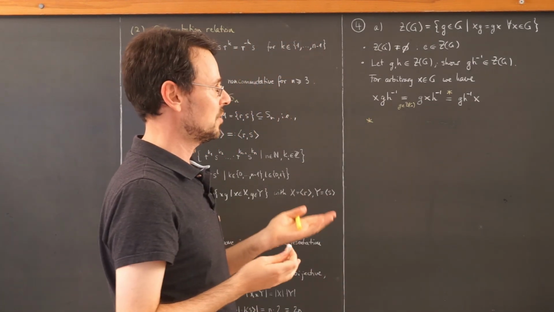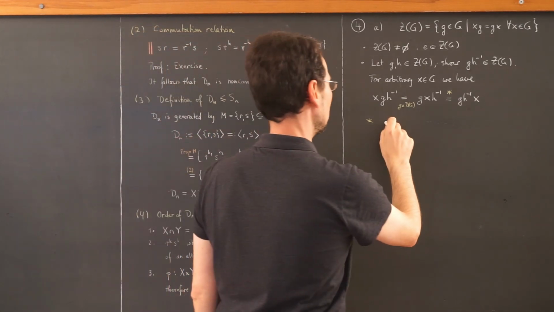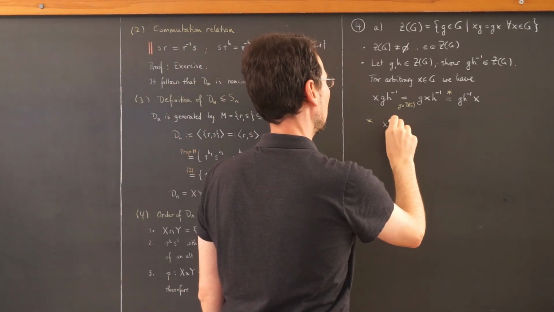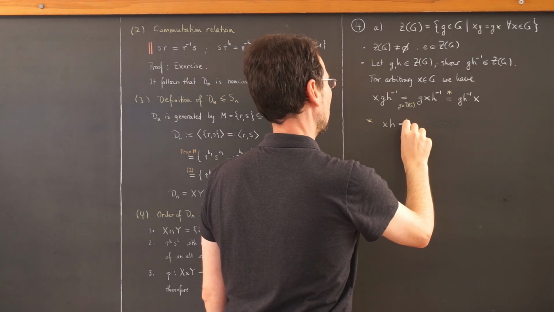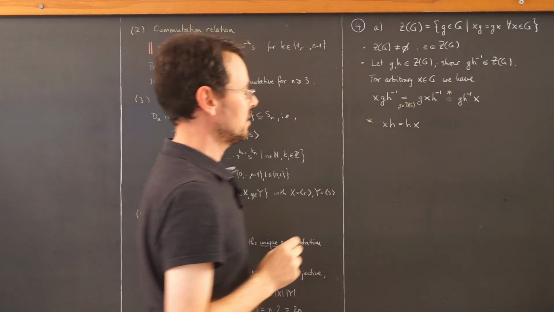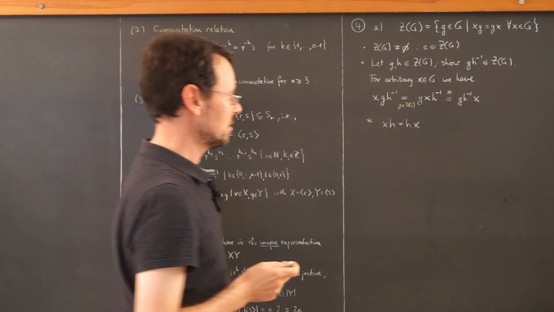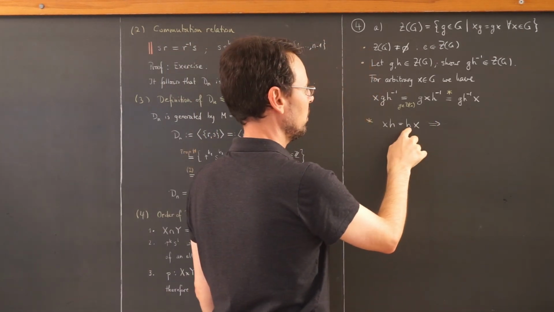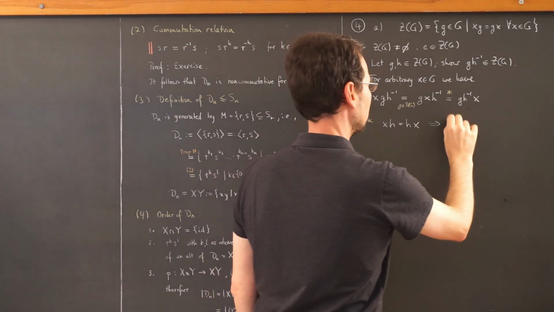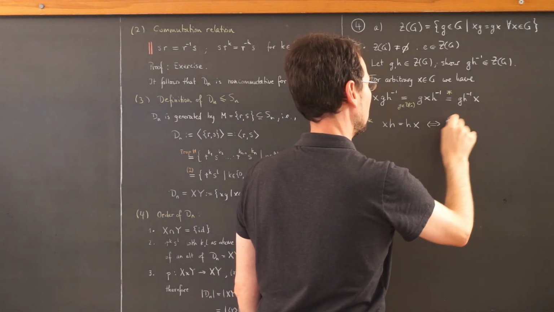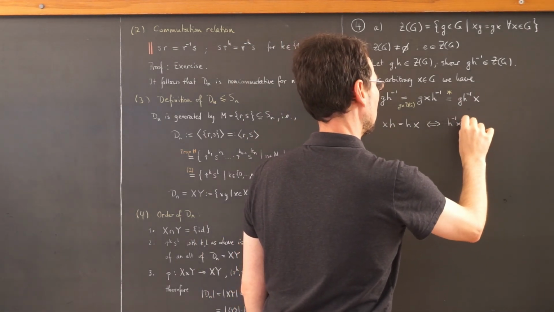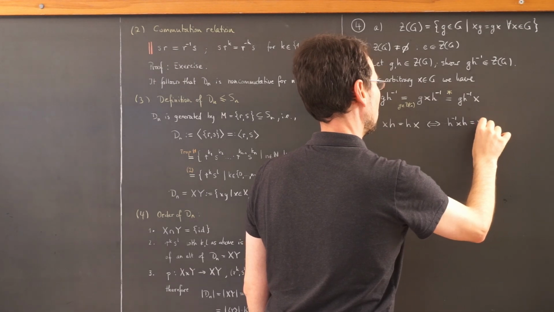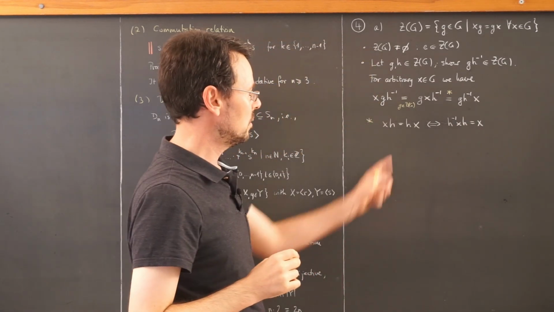We only know that H is in the center, so we know that XH is HX, but if I multiply with H inverse from the left, I end up with this here.